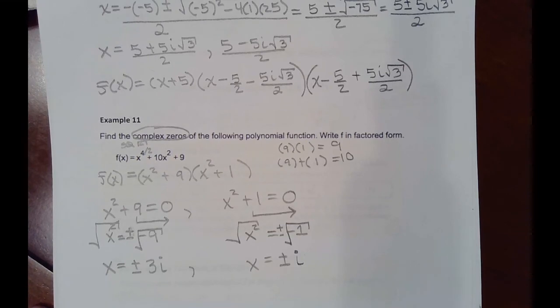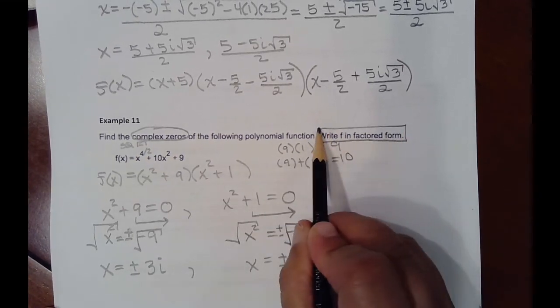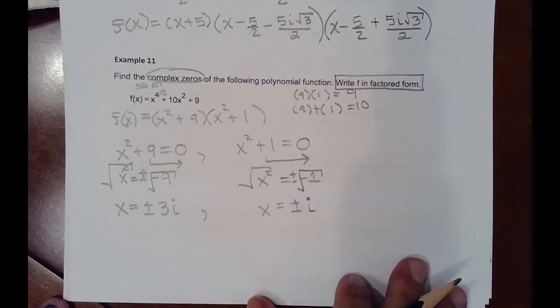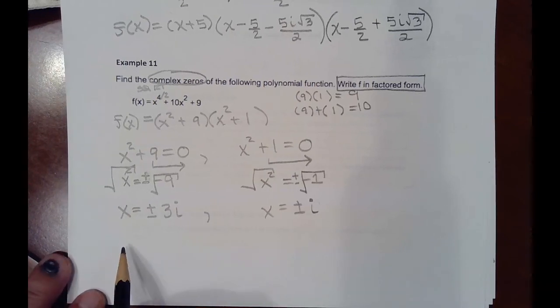Okay, then last, it asks us to write the function in factored form. So, big point here is that every time, if you can't factor something by a traditional algorithm that you've learned, you can go in the back way and you can factor it once you have the zeros, or what we call the solutions, zeros, same thing, by going like this.